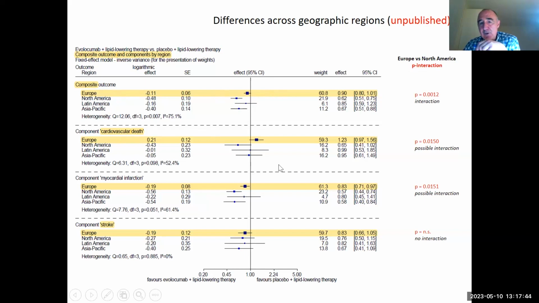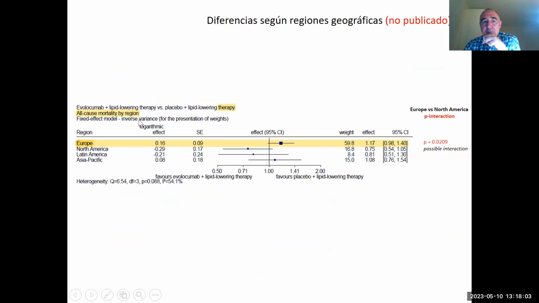And for cardiovascular death and myocardial infarction, there was possible interaction. That we could say there was interaction. It is really close to the limit of interaction, 0.01. And for the all-cause mortality outcome, there was also possible interaction, p is less than 0.05, between Europe and North America.